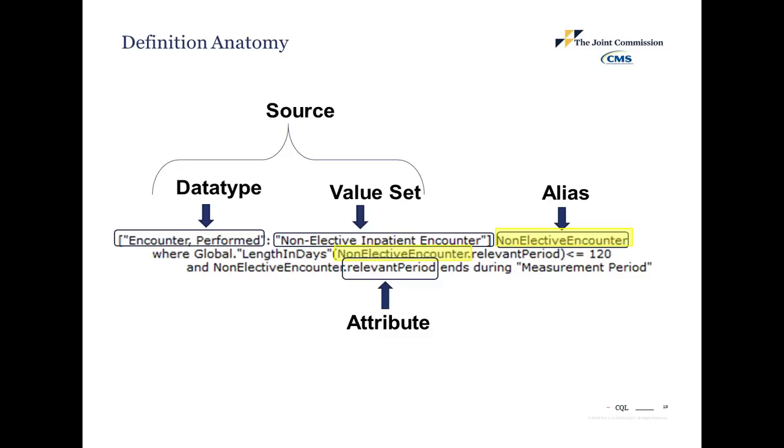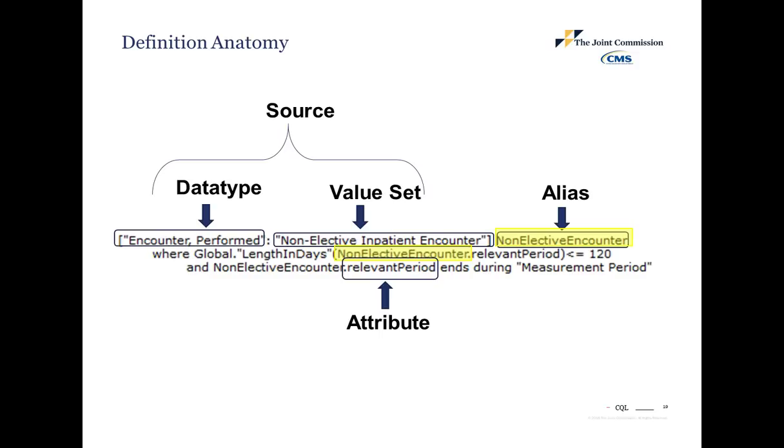Looking at the basic construct of an expression, expressions use data types. Data types describe a part of the clinical care process which refers to a specific category in QDM. For instance, the encounter performed data type used in this example is in the encounter category. A medication administered data type would belong to a medication category.